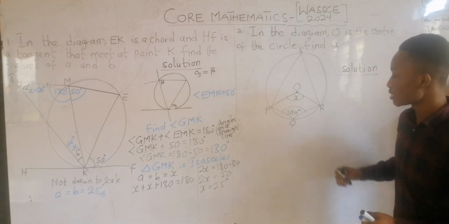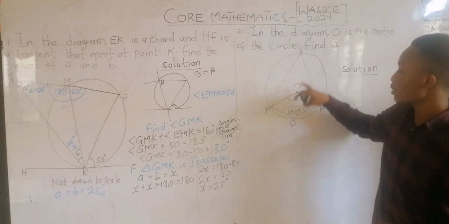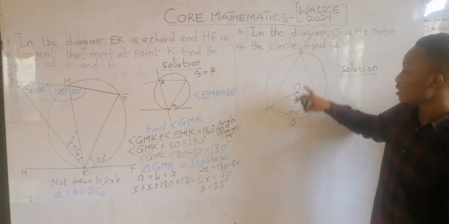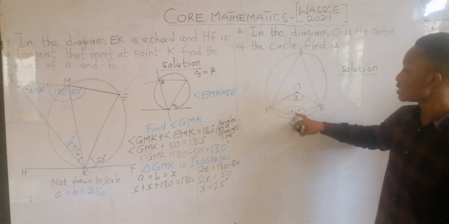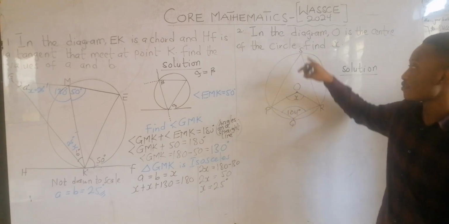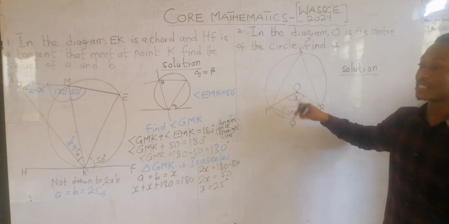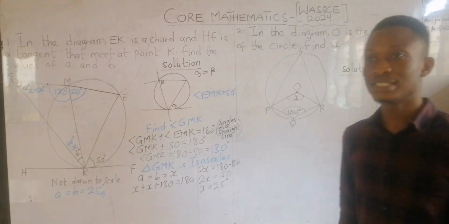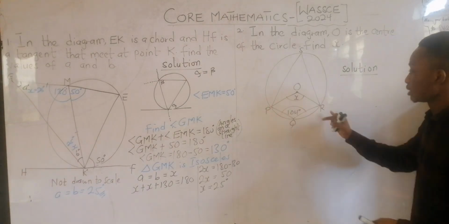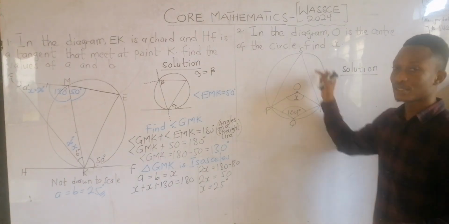One property also states that the sum of the opposite angles, the angles in opposite segments, add up to 180. So this can also be called a cyclic quadrilateral.